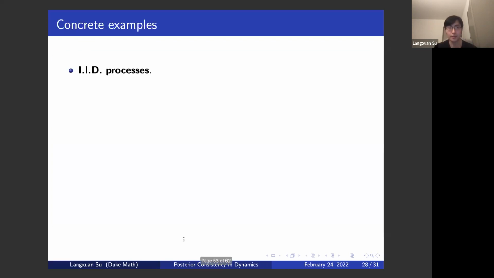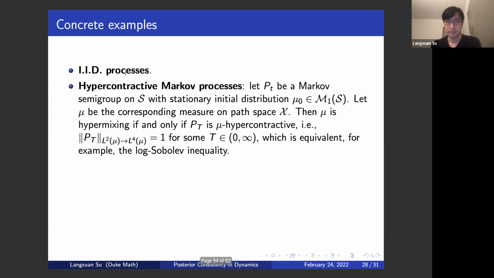A concrete example of this is, for example, the IID case, obviously. The other ones are hypercontractive Markov processes. If you have a Markov semigroup, then the measure is hypermixing if your semigroup is hypercontractive.